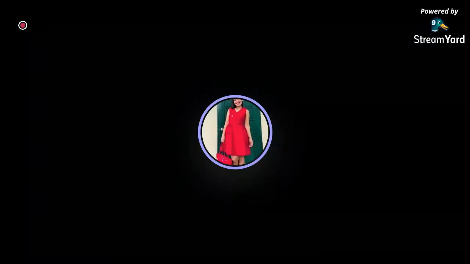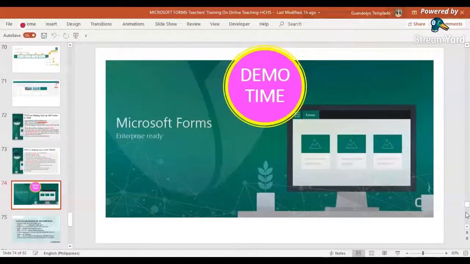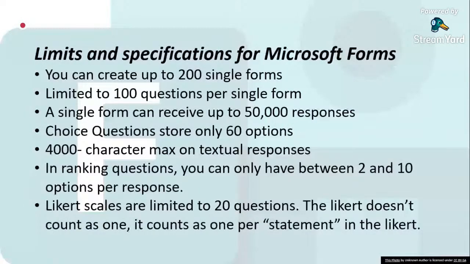Okay, so while I'm waiting for the output, I will share now the limits and specifications for Microsoft Forms. You can create up to 200 single forms, limited to 100 questions per single form. A single form can receive up to 50,000 responses.